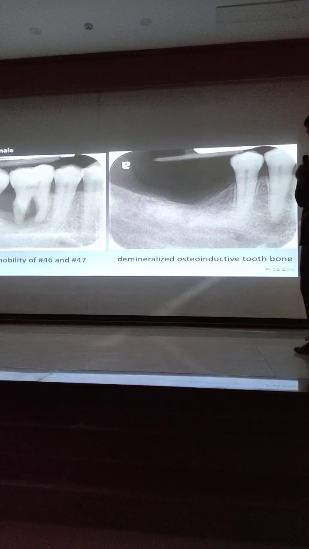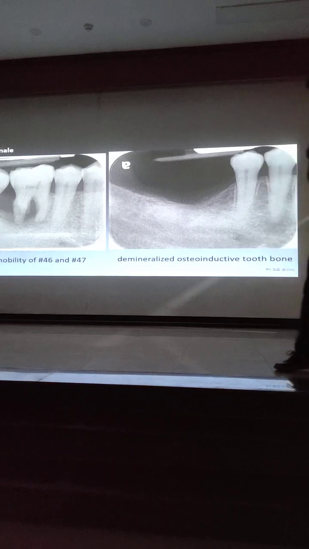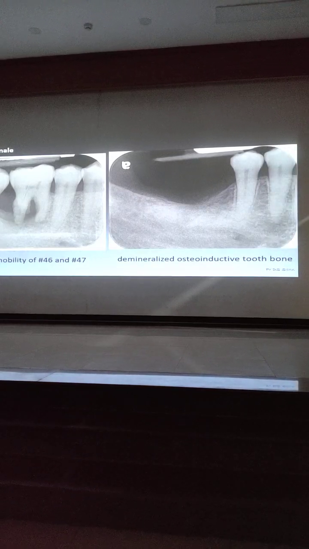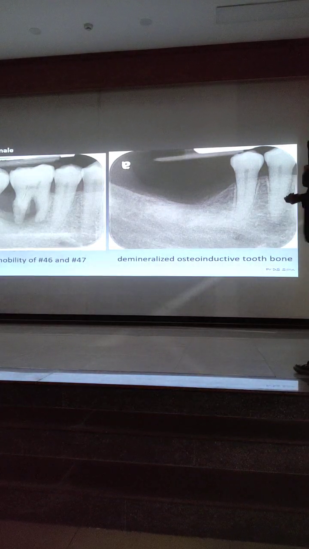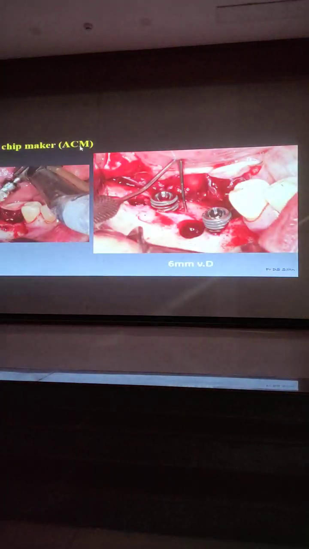This patient is a teacher. She came to me with complaint of pain and mobility of the tooth number 46 and 47. So this was extracted and saved in the refrigerator, and one day before surgery, the tooth was prepared into inductive bone graft. After extraction, you can see the huge vertical defect.